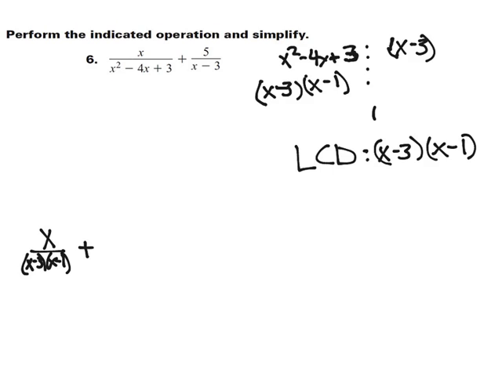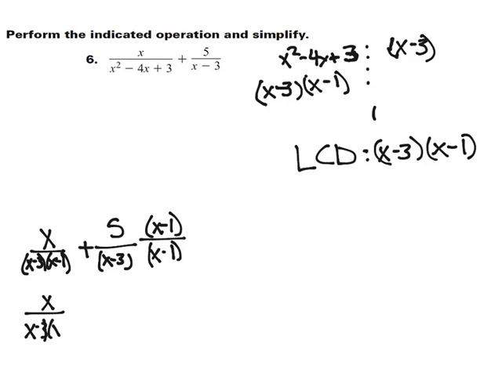We aren't going to have to multiply the first one by anything. The second one, though, we're going to have to multiply by x minus 1. Multiplied through on that one. You're left then with x minus 3, x minus 1, plus.